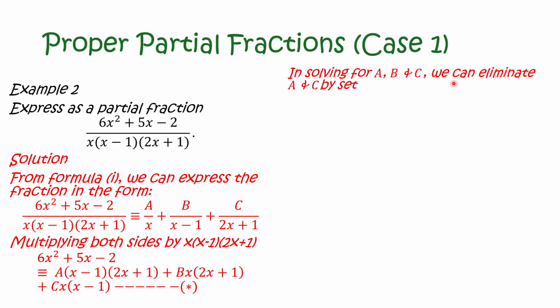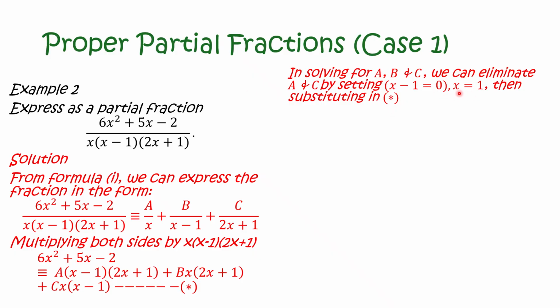So in solving for a, b, c, we can actually eliminate a and c by setting x minus 1 equals to 0 for the first part, because we know that in doing so, we can actually eliminate every term that is being multiplied by x minus 1. So these terms include the a and the c, so that we are left with the b.